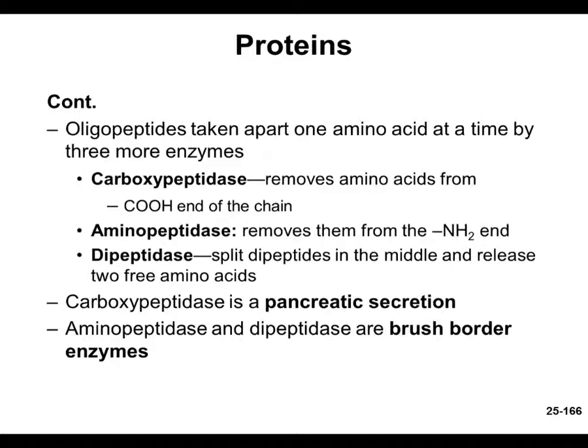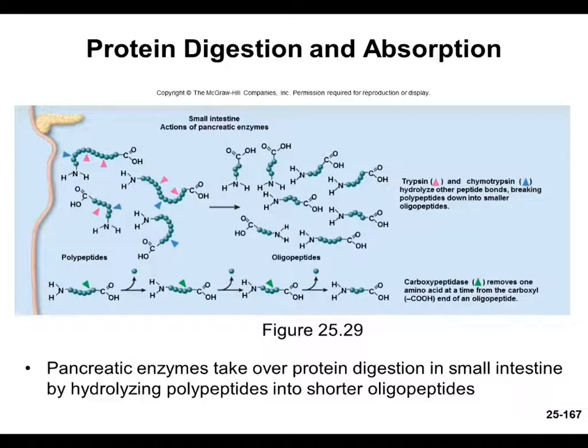So we won't worry about the individual enzymes here. Just know that there are a whole bunch of enzymes, carboxypeptidase, aminopeptidase, dipeptidases, and they're all breaking down proteins into their smaller parts. So again, we're just breaking down into smaller individual amino acids, and then those individual amino acids become the building blocks for other proteins in our anabolism.